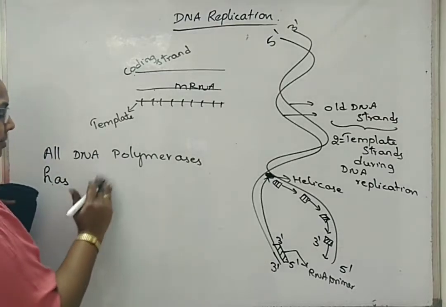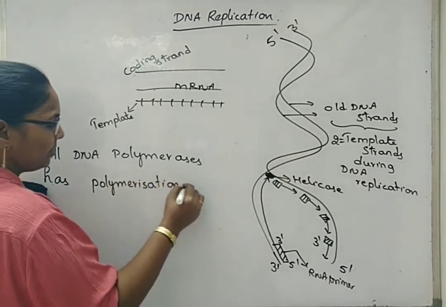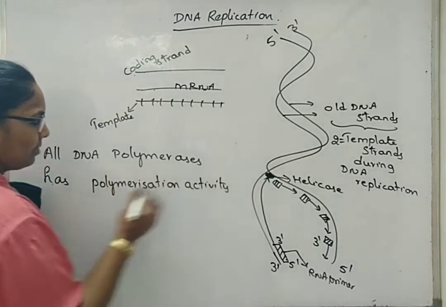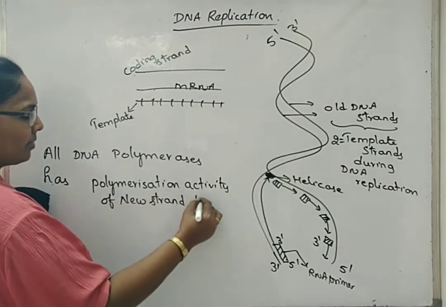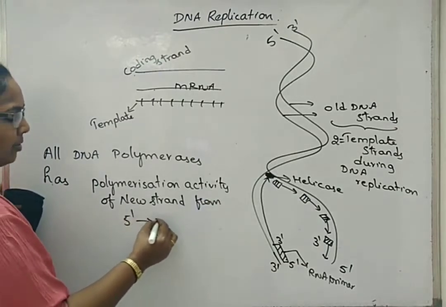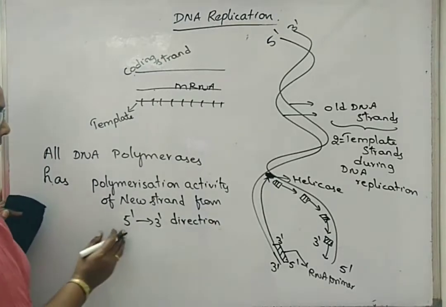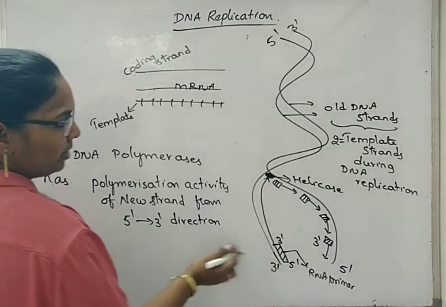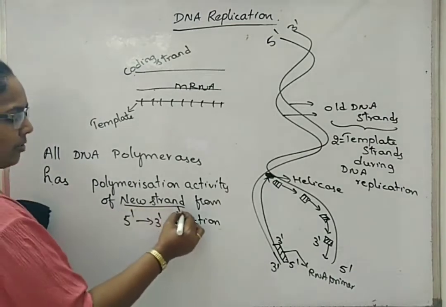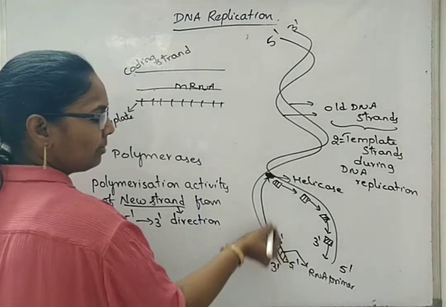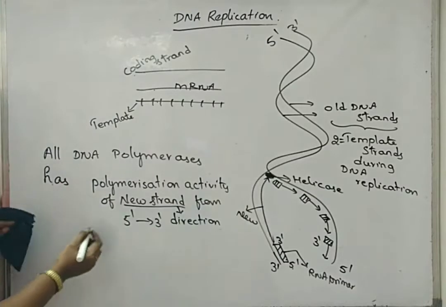Has polymerization activity of new strand from 5' to 3' direction, means this direction is of the new strand. See, 5' to 3', the DNA new strand is formed. We can call this one as new DNA strand polymerization.